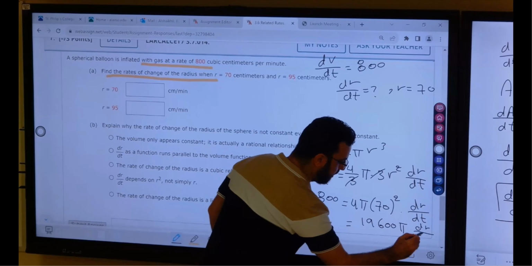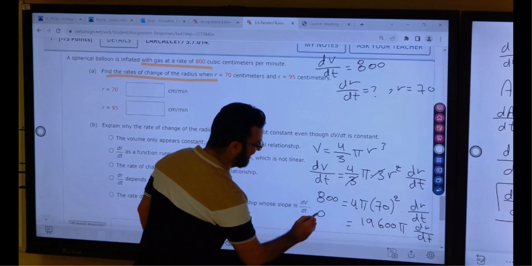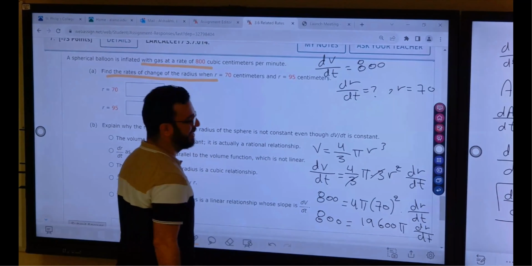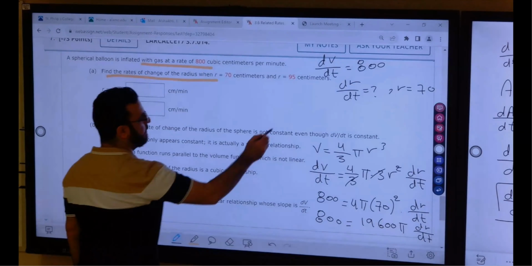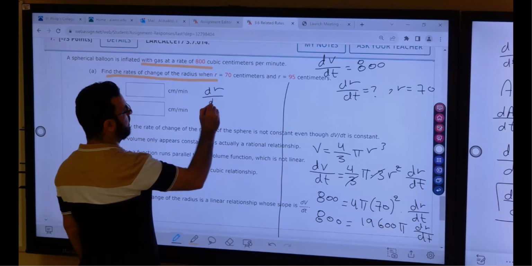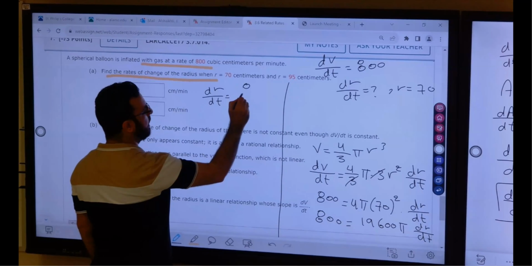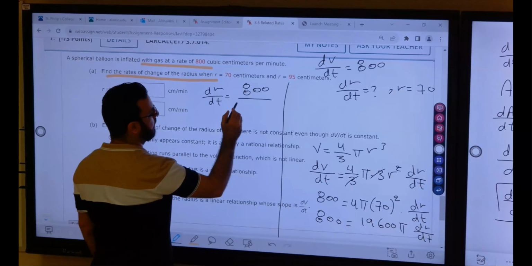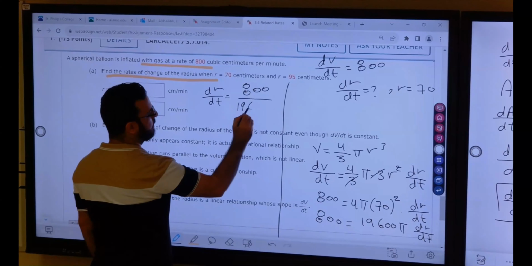dr over dt is going to be equal to what? 800 divided by 19,600 pi.